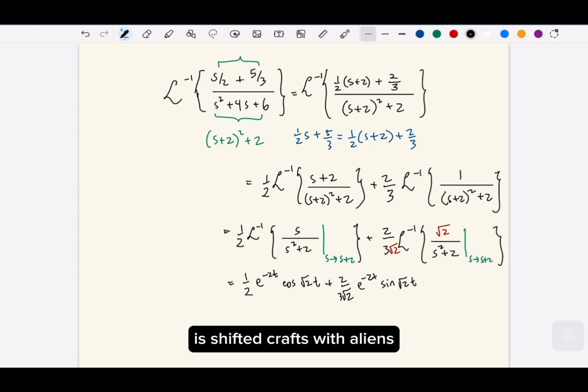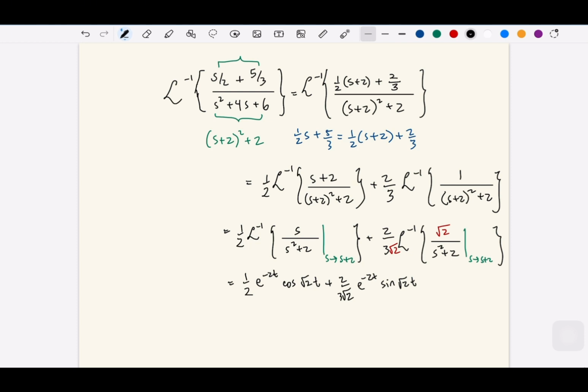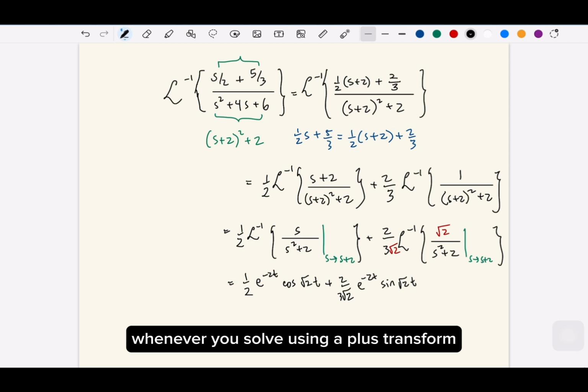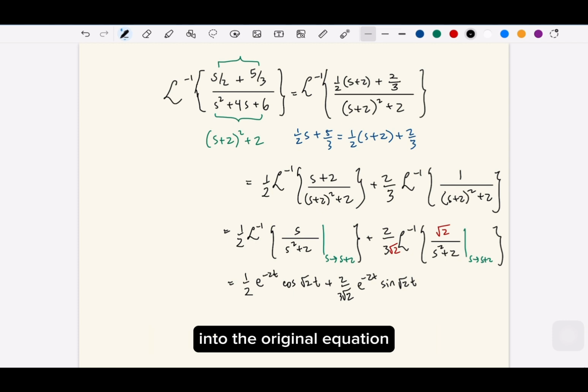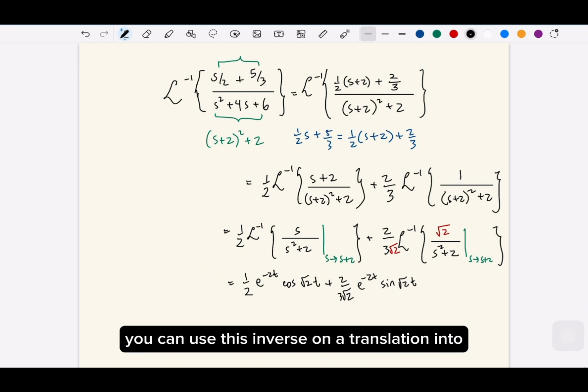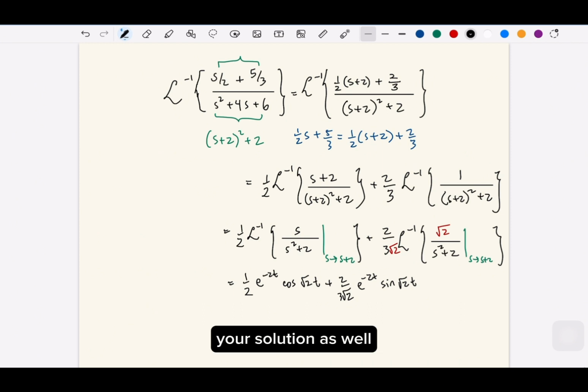You shift the graph by a units. In other words, whenever you solve using Laplace transform and you are going to turn back into the original equation, you need the inverse, and you can use this inverse on translation in your solution as well.